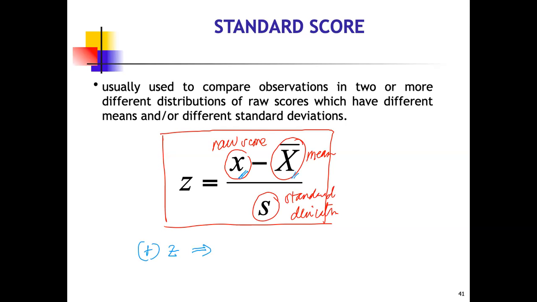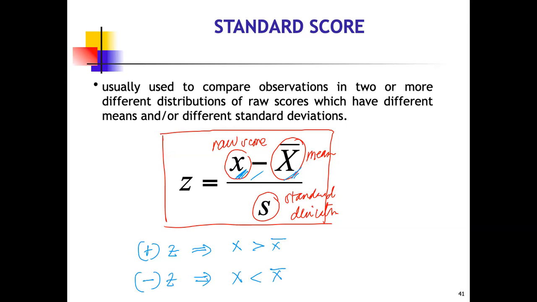We will end up with a positive Z score if X is found to be greater than our mean. Consequently, we will have a negative Z score if our raw score is less than our mean. That's because if our raw score is less than our mean, when you subtract these two, you will end up with a negative value.